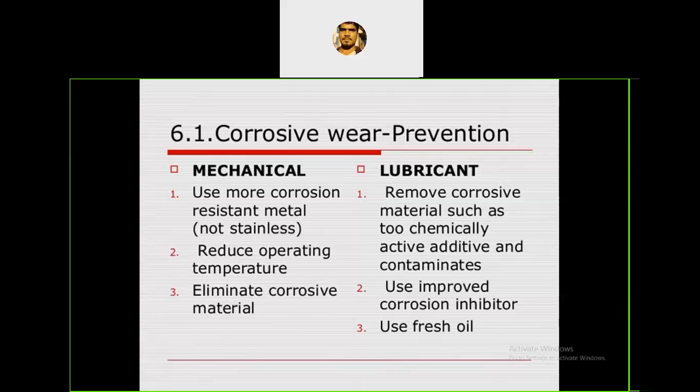If you use those, it will automatically reduce corrosion formation. And use fresh oil. Used oil contains some contaminants and has already lost its chemical stability. So if you always use fresh oil, it is a solution for prevention of corrosive wear. Clear?